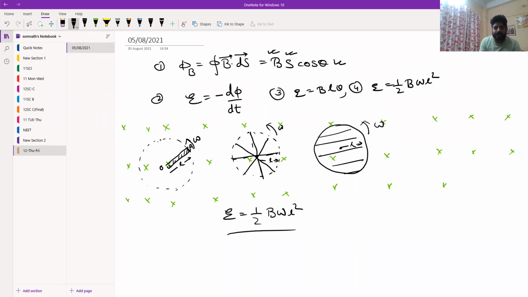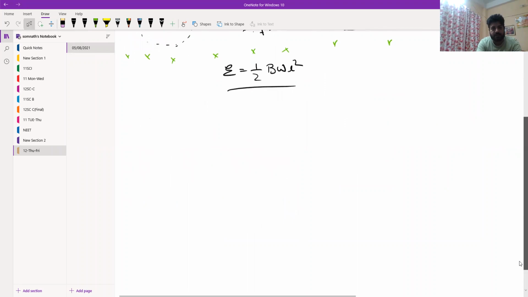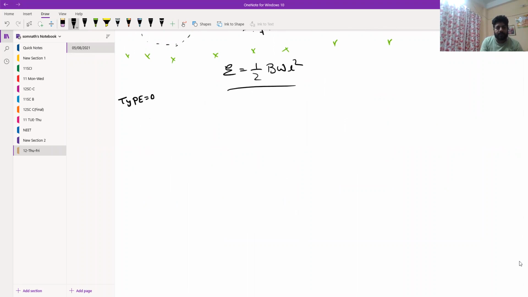Okay. Now I'm moving to the next part. We try some numerical today. So first, type 1 numerical. My first type of numerical is: an infinitely long current carrying conducting wire carrying current I, and a rod is there.